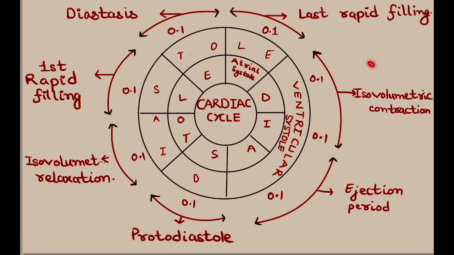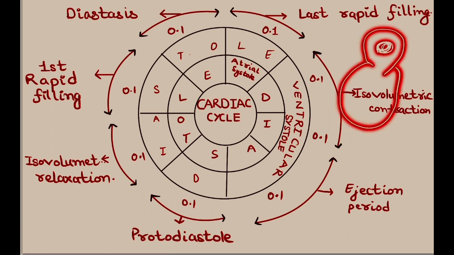Are you getting my point? If this is a heart, the atria are relaxed for 0.7 second, blood is getting filled in, and for only 0.1 second they pump the blood to the ventricles.